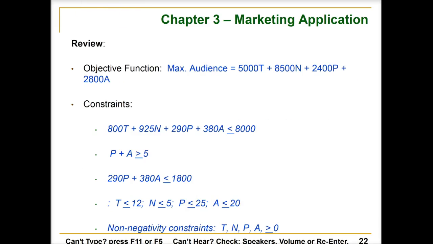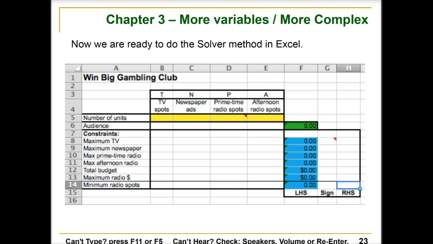So moving on here, we see that for our max audience, here's our objective function. Here are our constraints. And if we set this up, this is kind of what it would look like. So we got our column for our TV spots, newspaper ads, prime time radio spots, and afternoon radio spots.